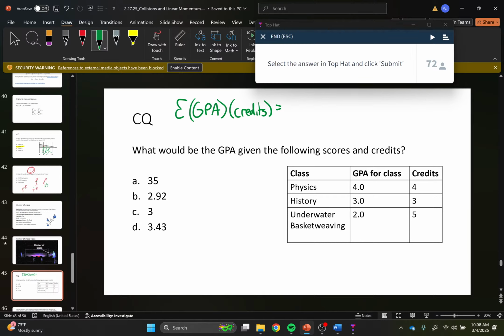Each credit hour gets a 4.0. So 4 times 4, plus, what's my GPA in history? 3. And that gets applied to 3 credit hours. Each one gets applied to that many hours. And then you do the last term. In underwater basket weaving, you got a 2.0 and that applies to 5 credits. So we multiply that by the 5 to make sure each one's getting evaluated for the right amount.